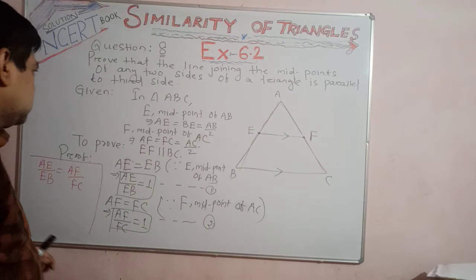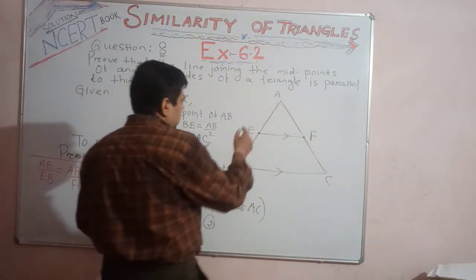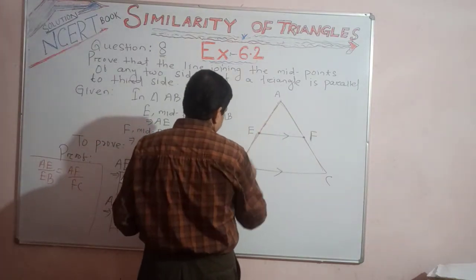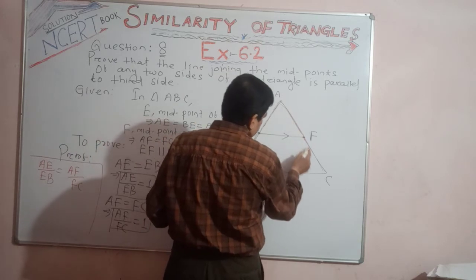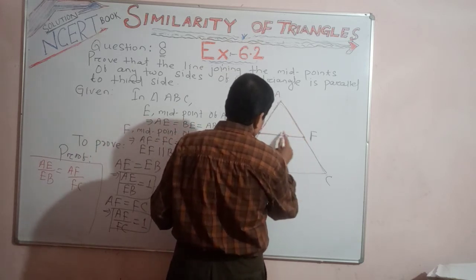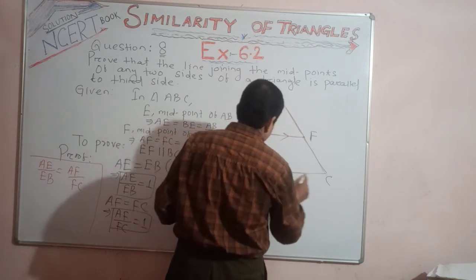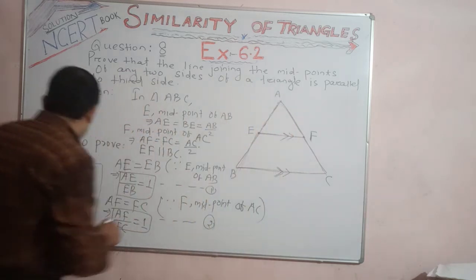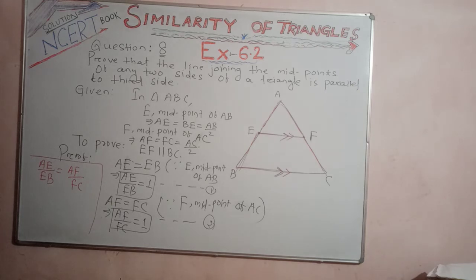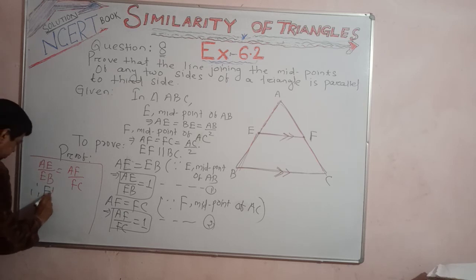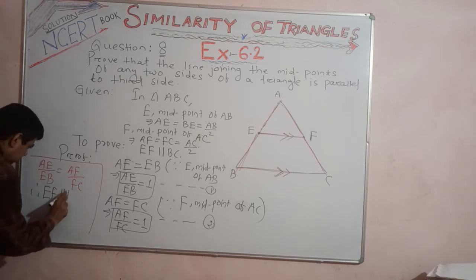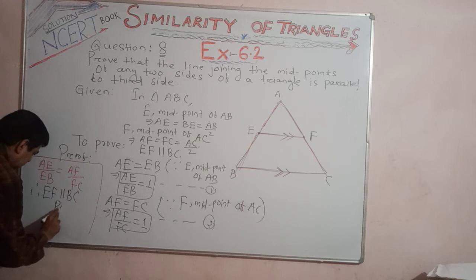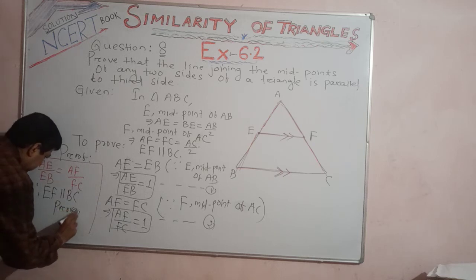Since in triangle ABC we are getting AE upon EB is equal to AF upon FC, EF must be parallel to BC. Can I write or not? Hence, EF is parallel to BC. Okay, understood?